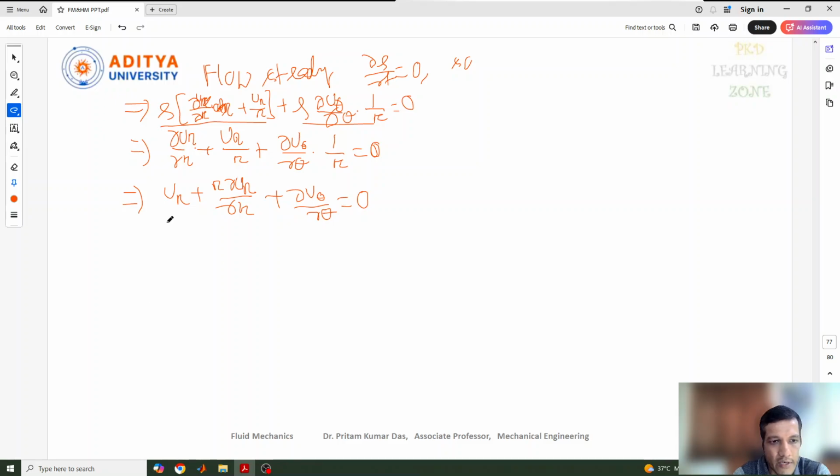Now if you see this equation, ur plus r ∂ur/∂r, so that we can write as derivative of r ur with respect to r, plus ∂uθ/∂θ equal to 0, okay.